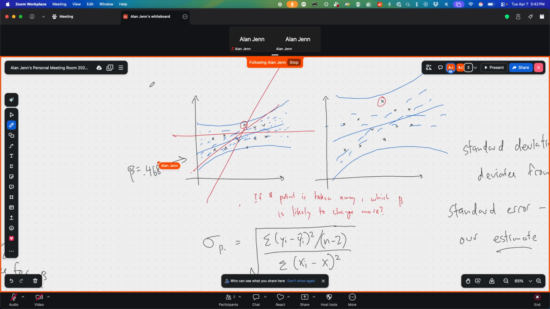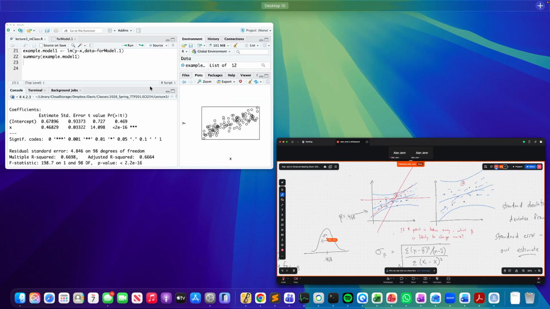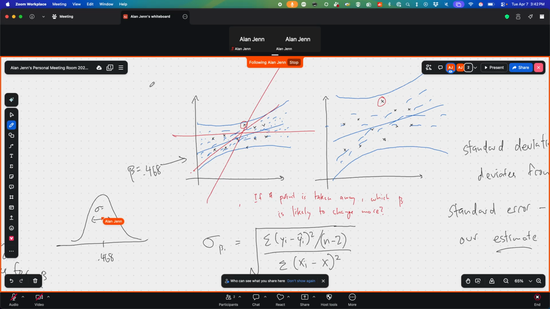And you can think of this as a distribution, where the mean is 0.468 and the standard error is equal to 0.03322.